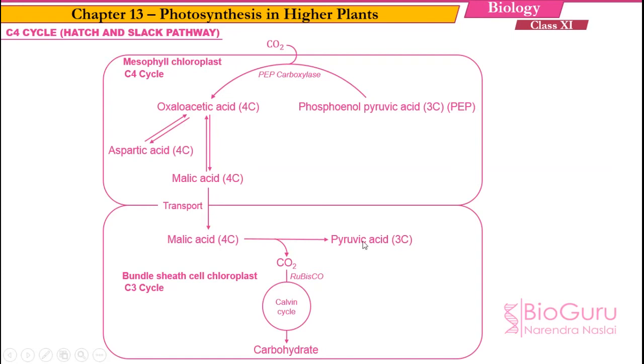The pyruvic acid formed after decarboxylation is once again transported back to the mesophyll chloroplast, where it gets converted into phosphoenol pyruvic acid by the utilization of ATP. So this is all about the C4 cycle.